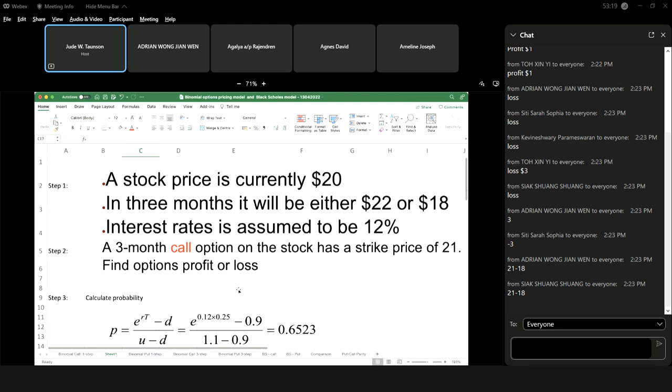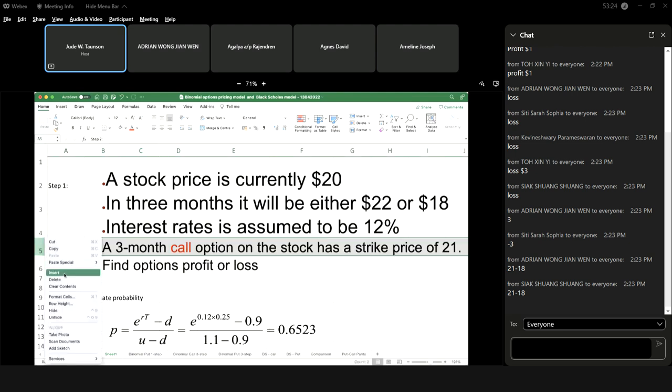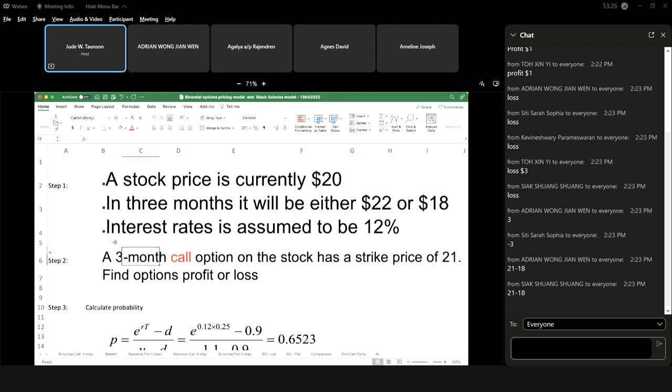I forgot to mention here, actually this one is in step 1.